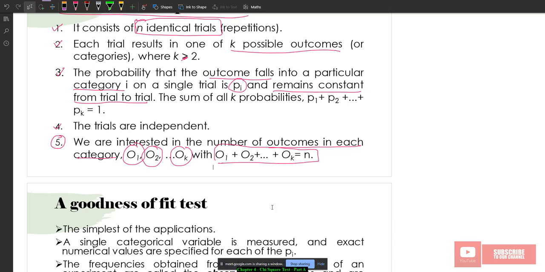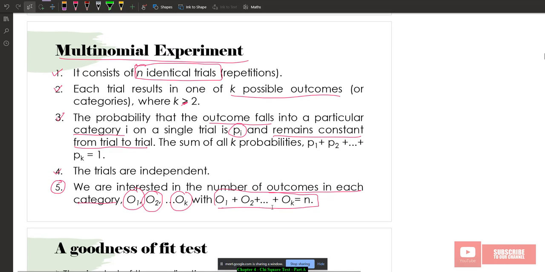We combine it into a new dimension, which is the multinomial experiment. Basically, all the conditions for a multinomial experiment are the same as for a binomial experiment. The difference lies only in condition number 2, where the number of category levels is more than 2.